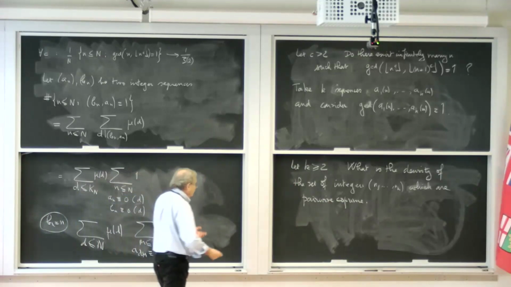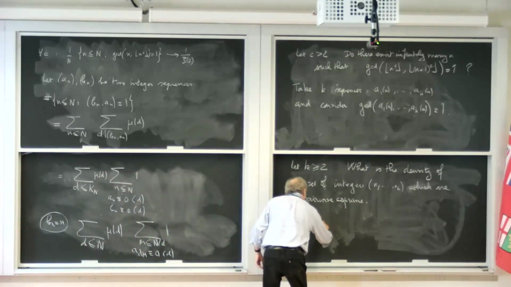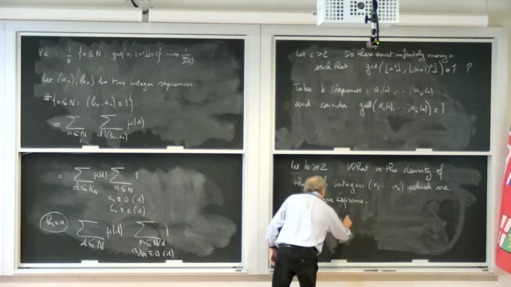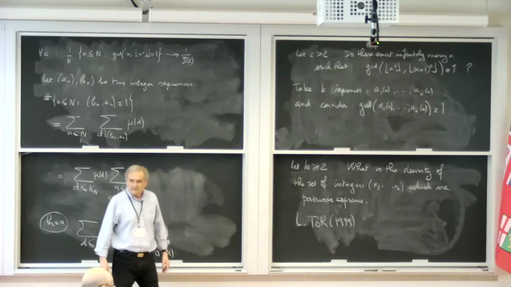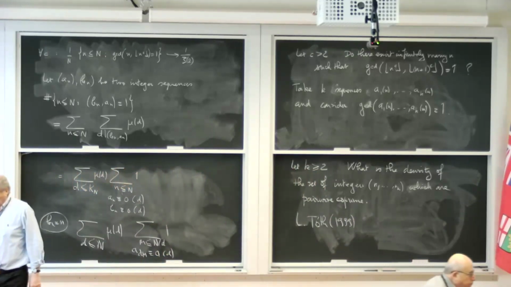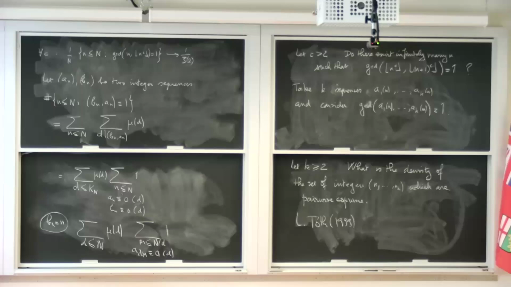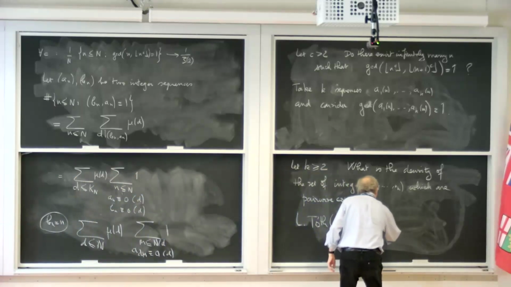This was studied by Laszlo Toth in 1999, and he showed that there is a limit density for pairwise coprime random integers, and he gave a formula for this density.